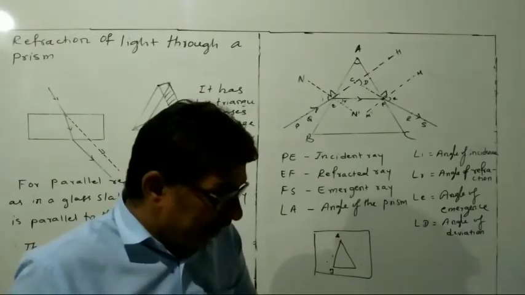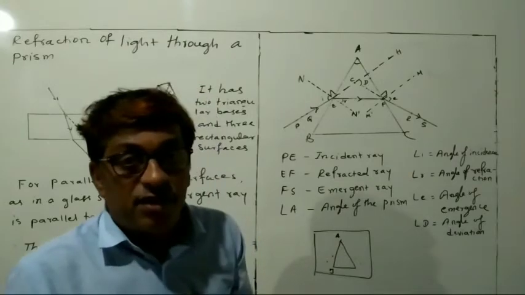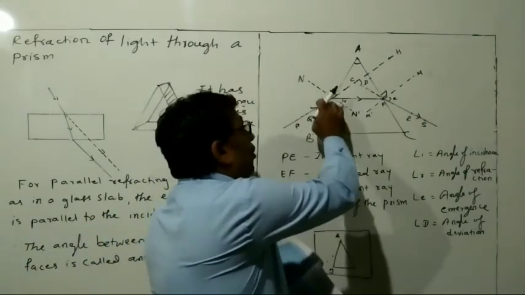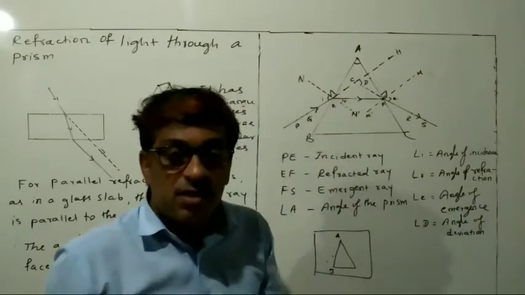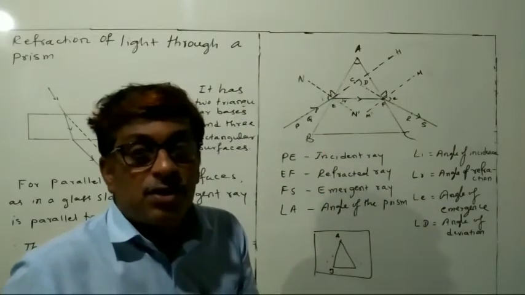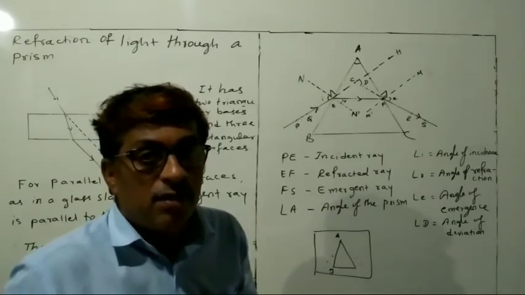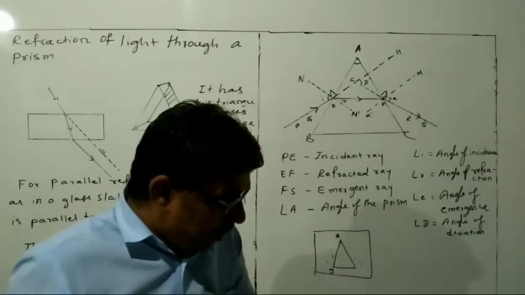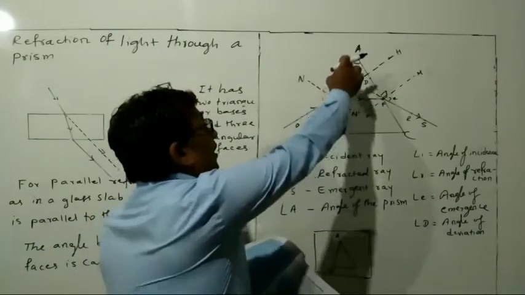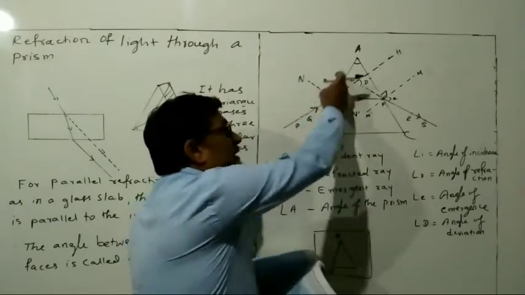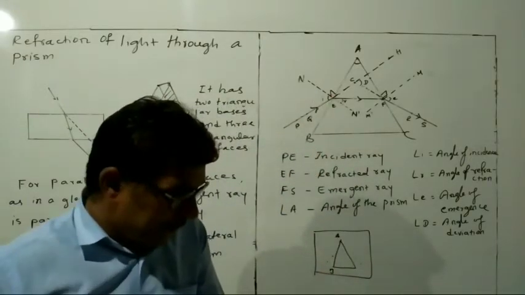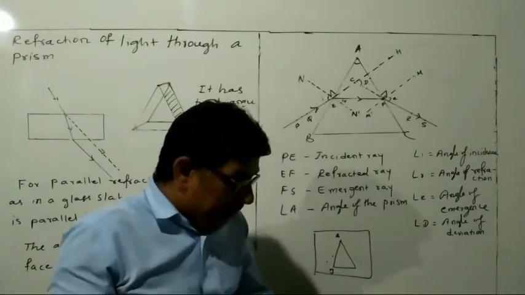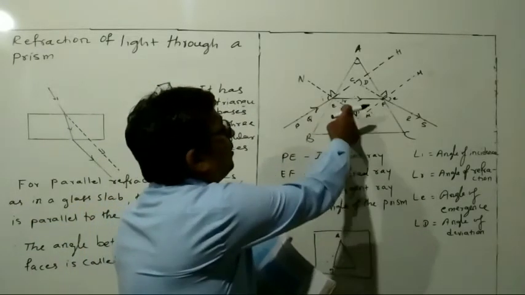So you may note that a ray of light is entering. Try to understand: when the ray of light is entering from air to the glass, at the first surface AB here, the light ray on refraction has bent towards the normal.